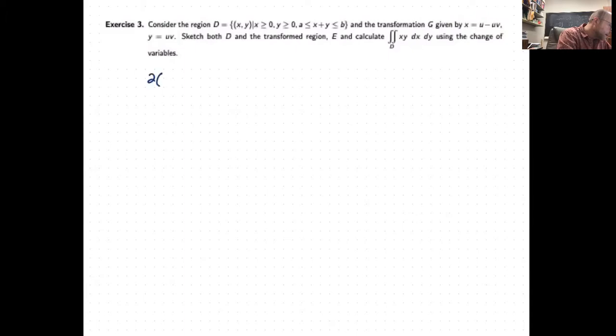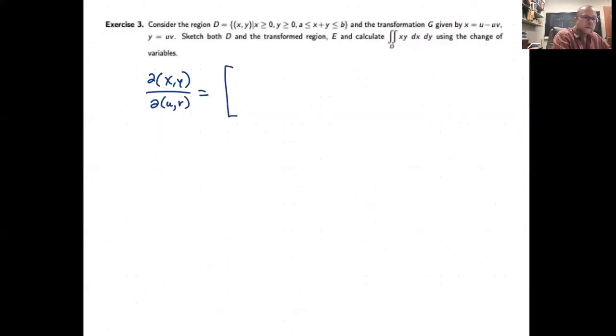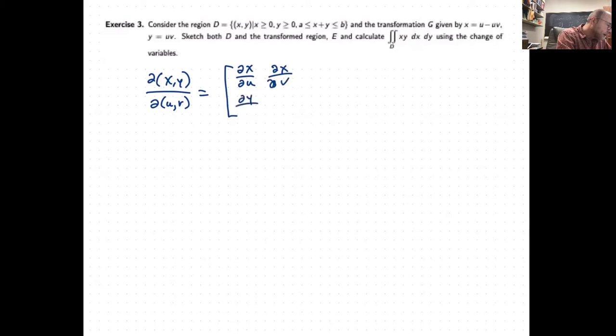And when we say take the partial of xy with respect to uv, then if we didn't say to take the determinant, we would have to go through here and across the top. Remember, we're doing the partial of x with respect to u, partial of x with respect to v, and then y across the bottom.